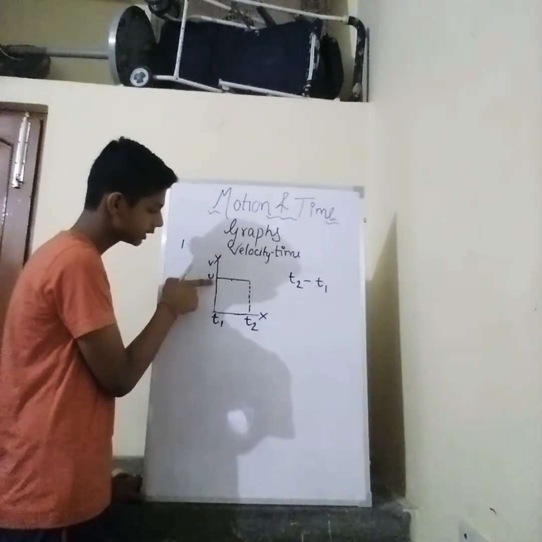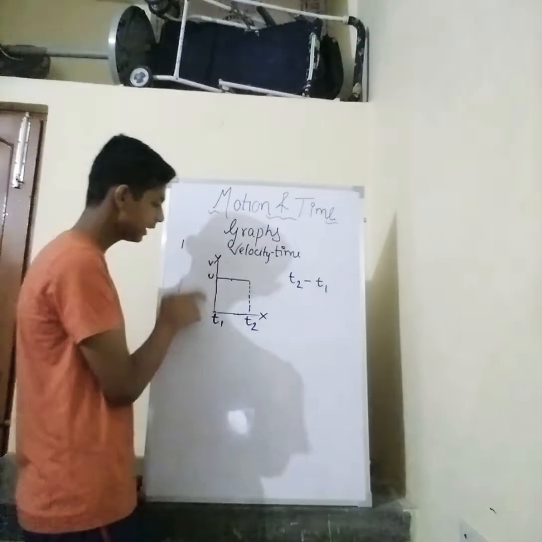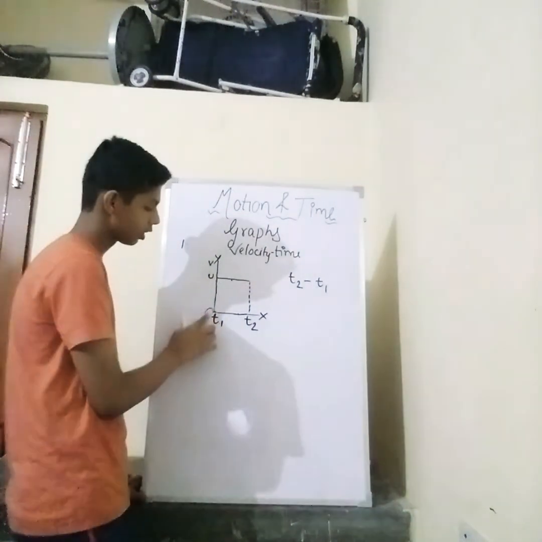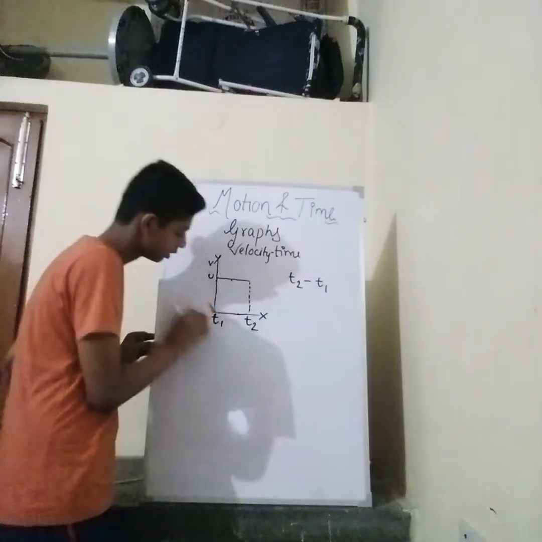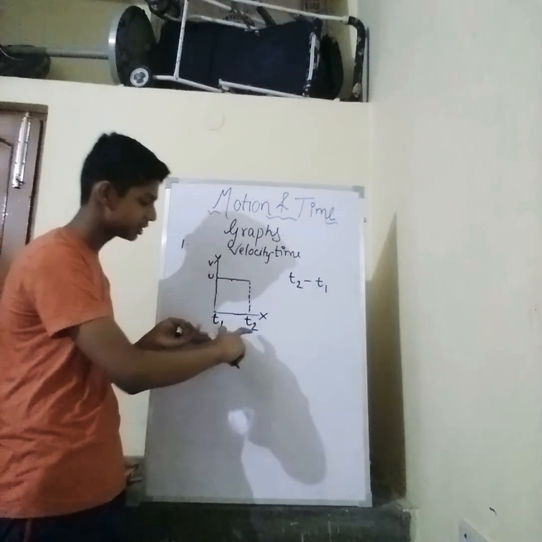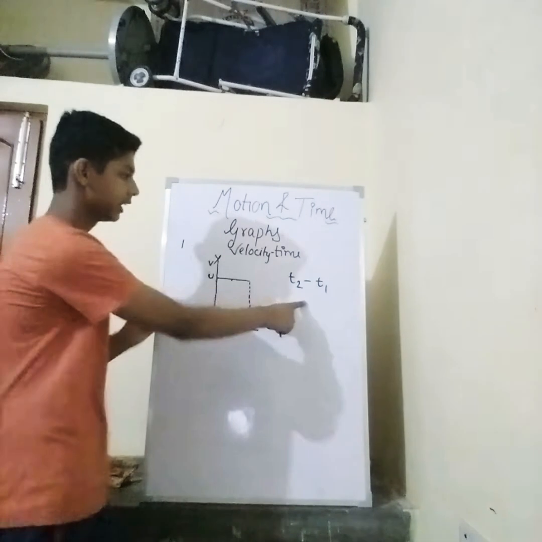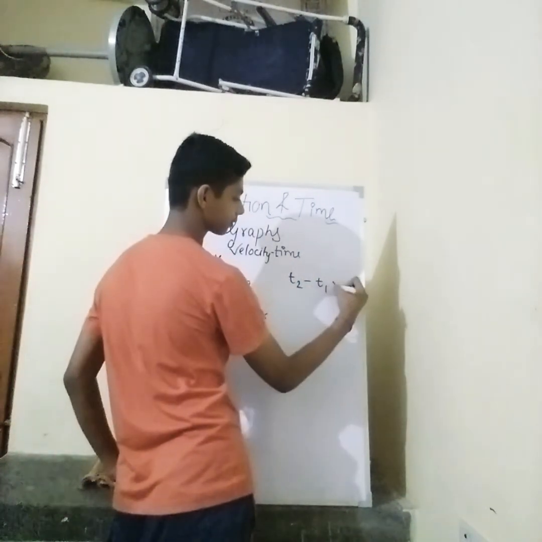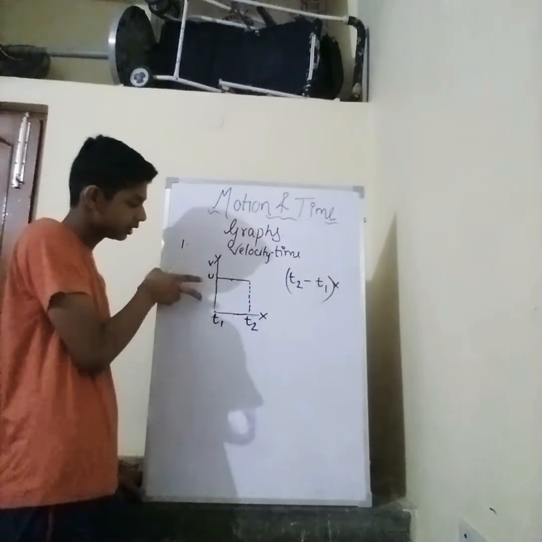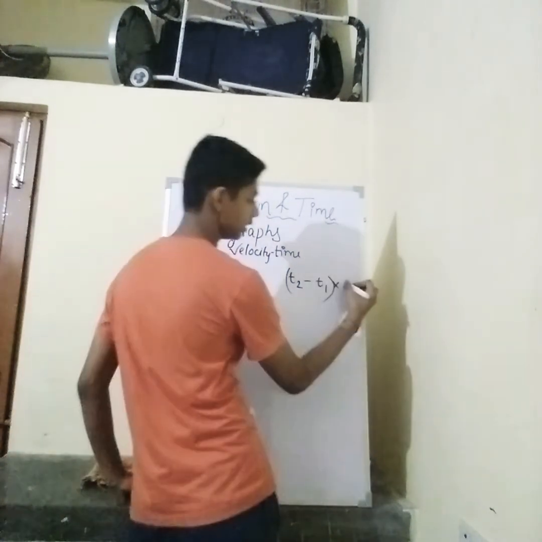And suppose it's a square, or you can suppose it's a rectangle. We can calculate the area under the graph like this: t2 minus t1 for this side, into u, this length, which means initial velocity u.